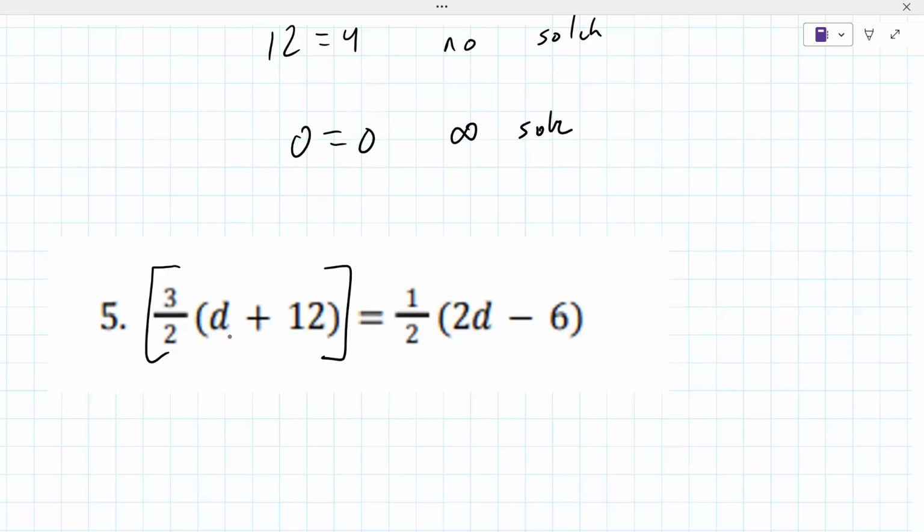Then D is equal to -42. Could be. So if we test that, that's -30 over here, and then that's -45. And then this is negative. Yeah, it is. That doesn't work, does it?